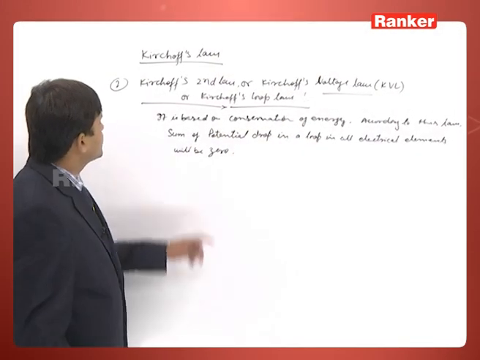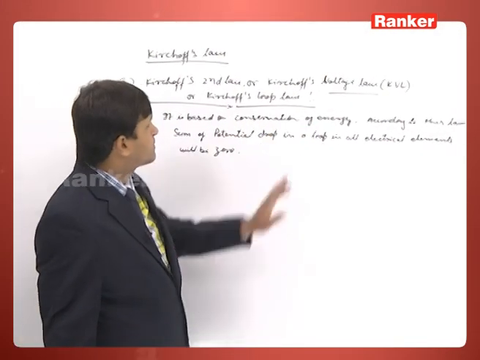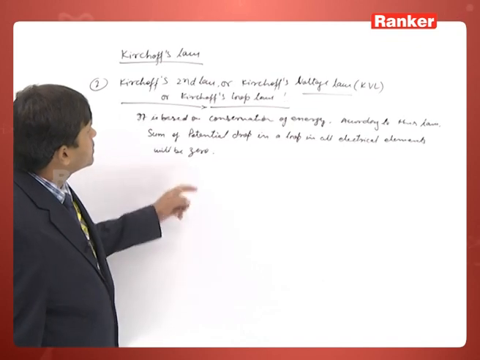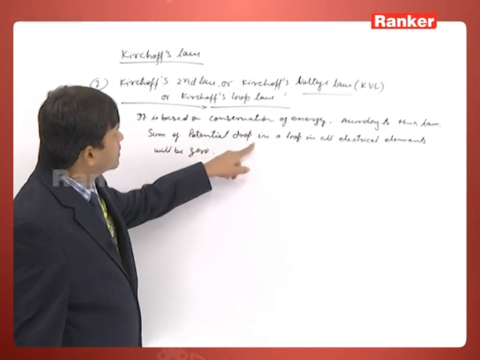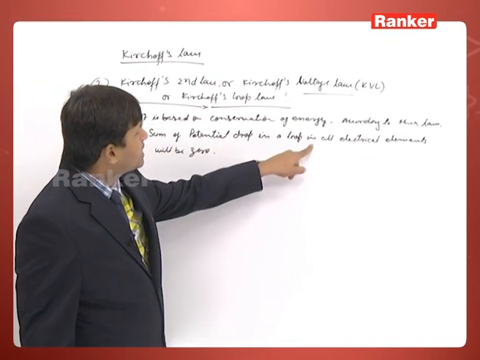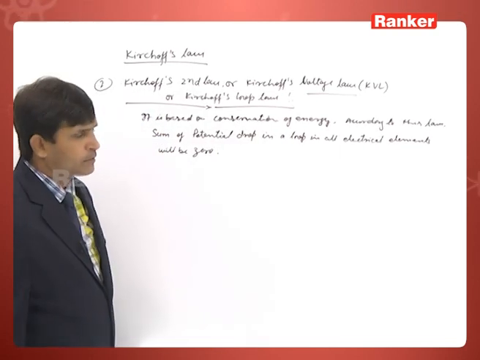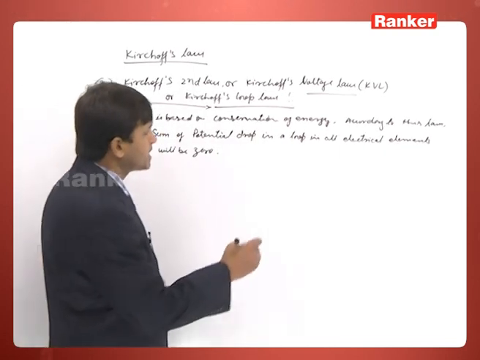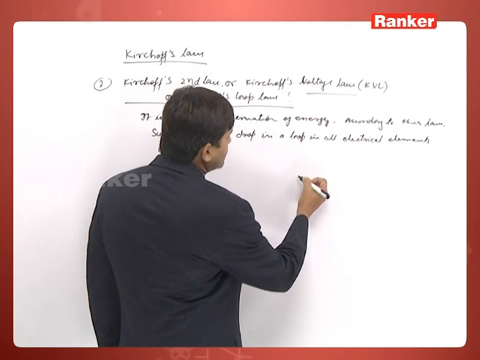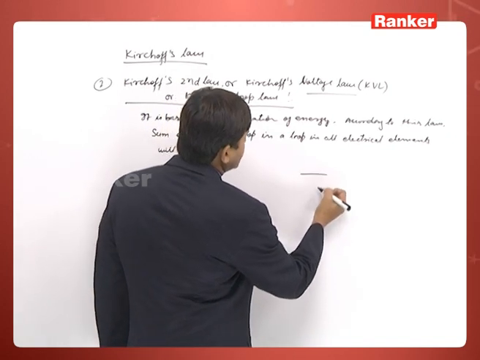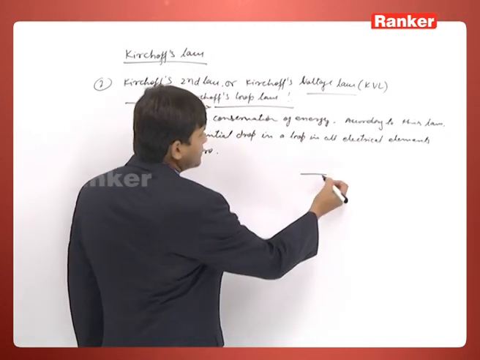Okay. It is based on conservation of energy. First of all, according to this law, sum of potential drop in a loop in all electrical elements will be zero. See the meaning of this statement, then you can get a clear idea of this Kirchhoff second law.